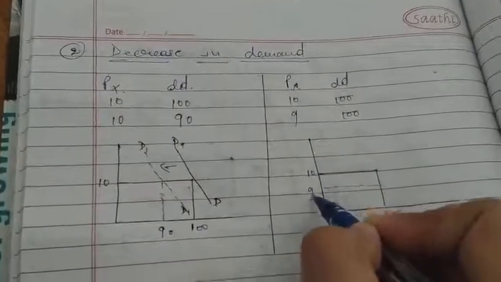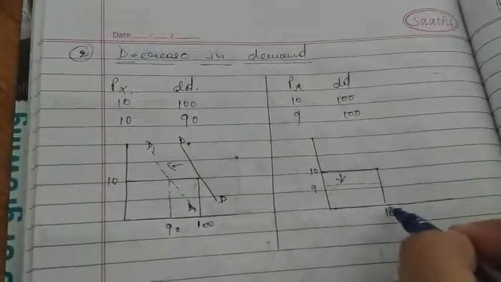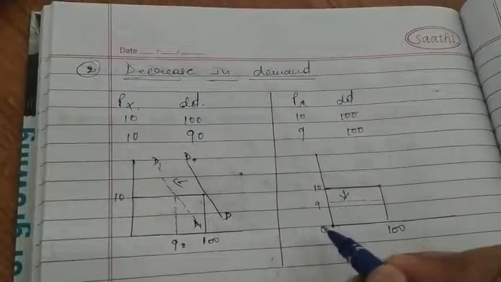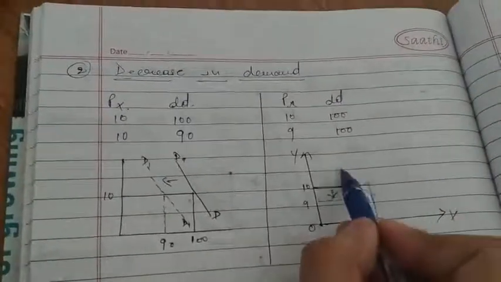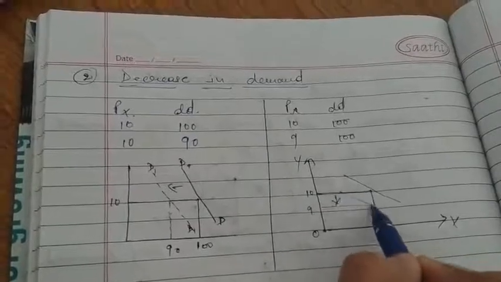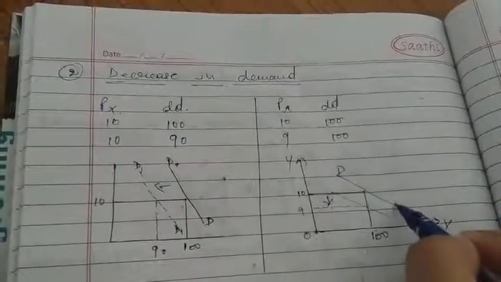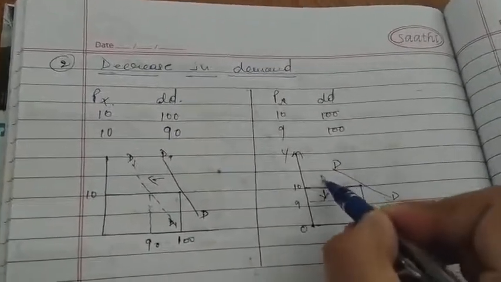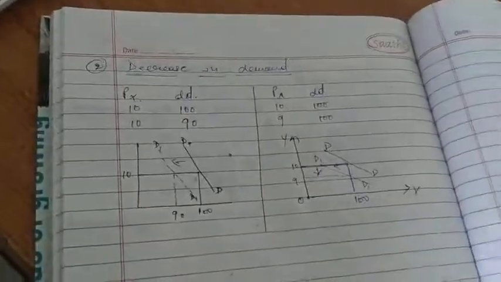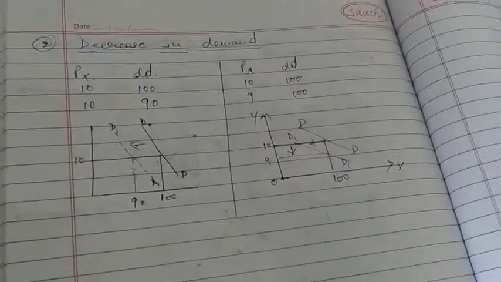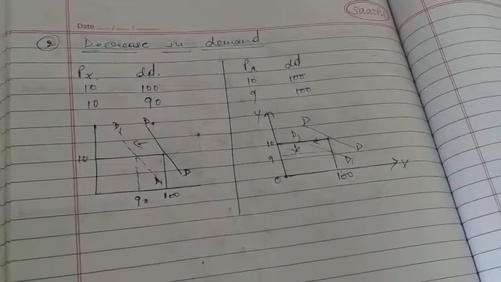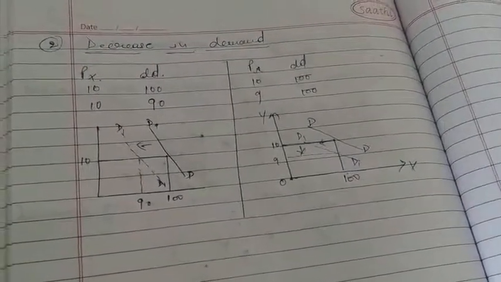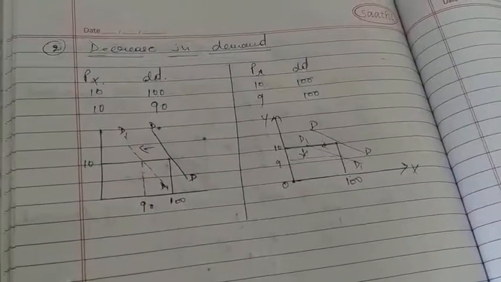Earlier the price is 10, then the price falls, but the quantity demanded remains the same. This is the initial demand curve and this is the new demand curve. So decrease in demand has two reasons: at the same price, less demand, or the same demand at the lower price. This is known as decrease in demand.